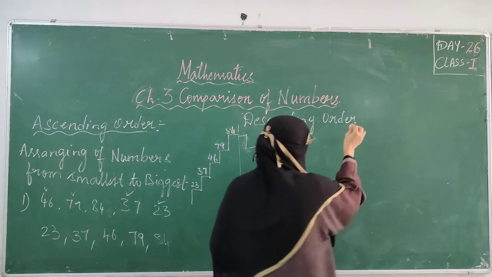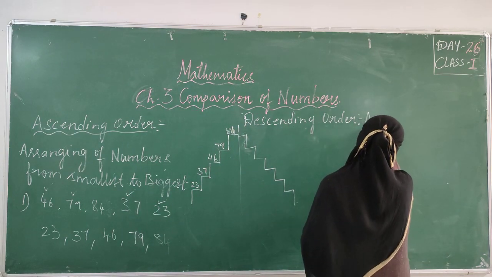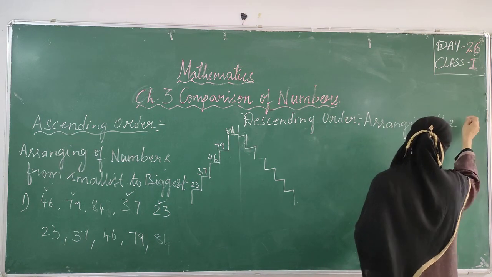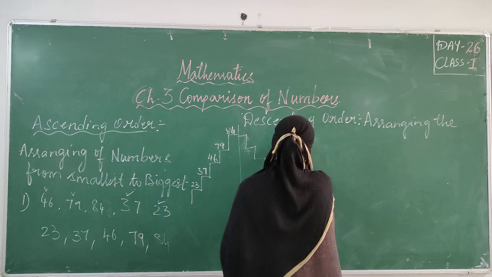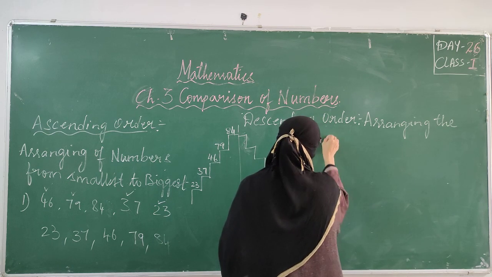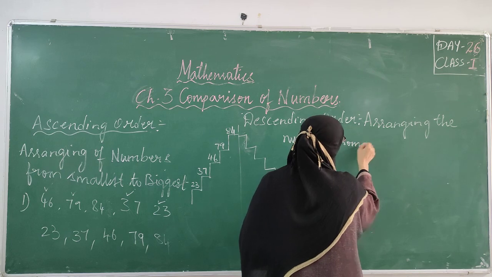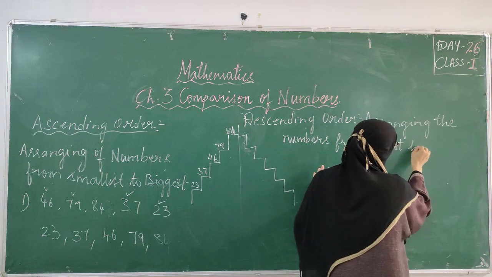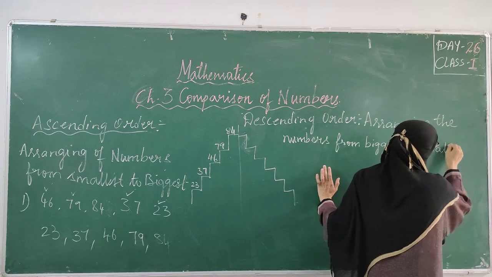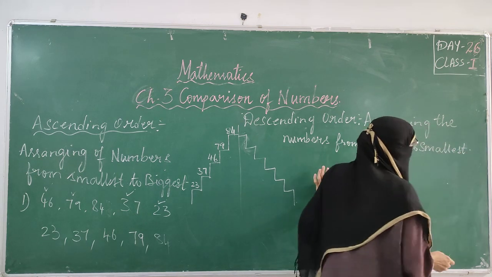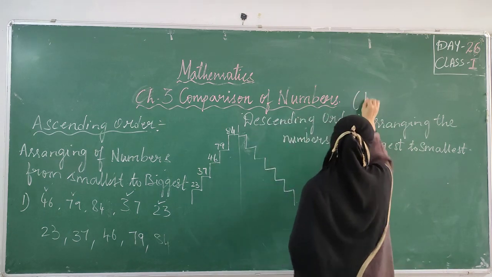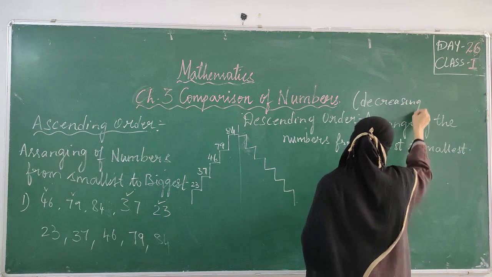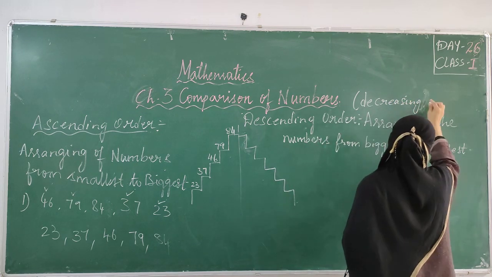Descending order is nothing but arranging the numbers from biggest to smallest, or you can also say decreasing, arranging the numbers in decreasing order.